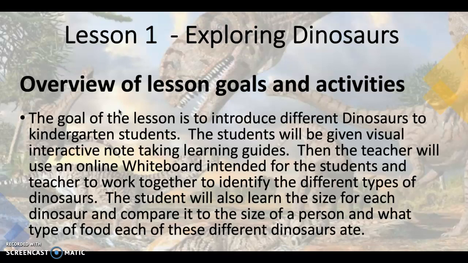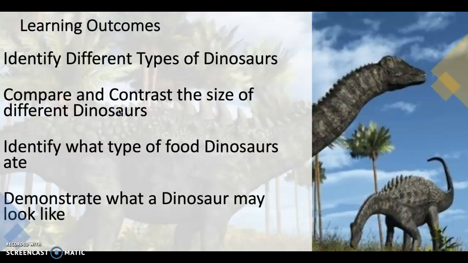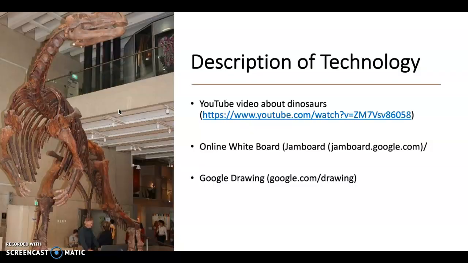This will also be used to show the size of each of the dinosaurs and compare it to the size of a person, or what kind of food that each of the dinosaurs ate. The learning outcomes for this lesson would be to identify the different types of dinosaurs, compare and contrast the size of the different dinosaurs, identify what types of food the dinosaur ate, and also demonstrate what the dinosaur may have looked like.